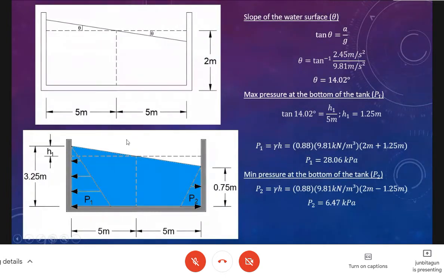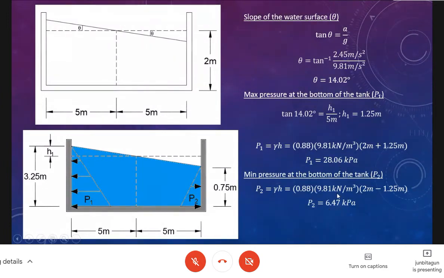So we can now compute the pressures of each on the left and right as gamma h. So that would be gamma 0.88 since it's oil, times the gamma of water 9.81 and the height at the left side. So the pressure at the left side is 28.06 kilopascals. The minimum pressure would be at the right side, reducing the height to 1.25 meters, and now the pressure at the right is lesser, 6.47 kilopascals.